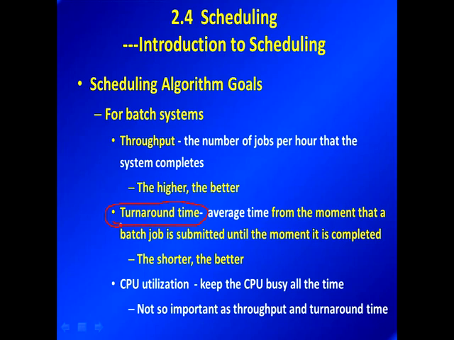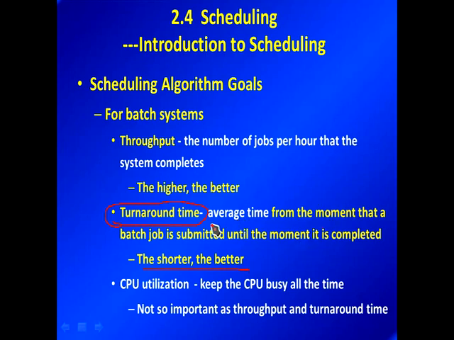And what does it mean by better turnaround time? The shorter, the better. If algorithm A can get shorter turnaround time than algorithm B, then for this case algorithm A is better than algorithm B.